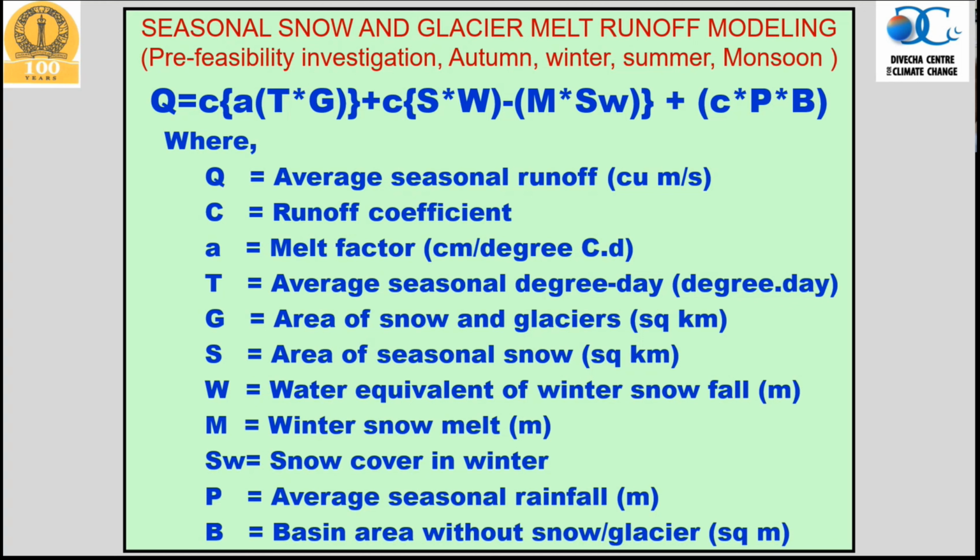So it has basically two components. One component uses the runoff from seasonal snow. It uses the runoff from glaciers, and it estimates the runoff from the land because of rain, which is not covered by snow and glacier. That's the idea in this model. So this model was written.